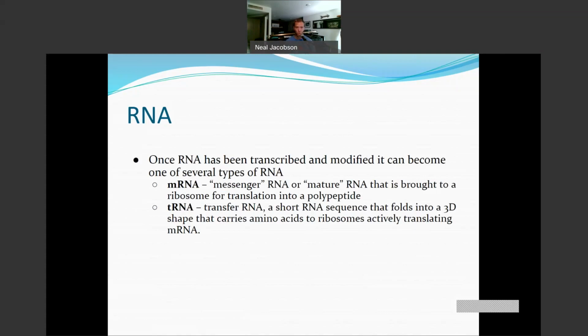And tRNA's sole function is to carry an amino acid to the ribosome that correlates to the codon that ribosome is actively reading. So the ribosome reads a 3 nucleotide sequence, that's a codon, and it says, okay, this 3 nucleotide sequence codes for lysine.